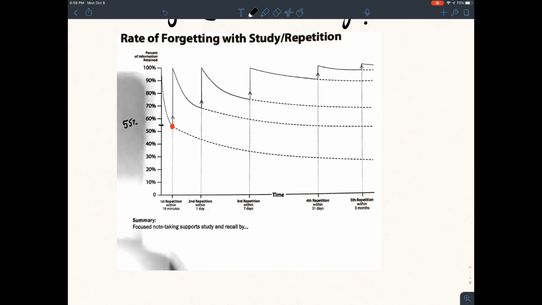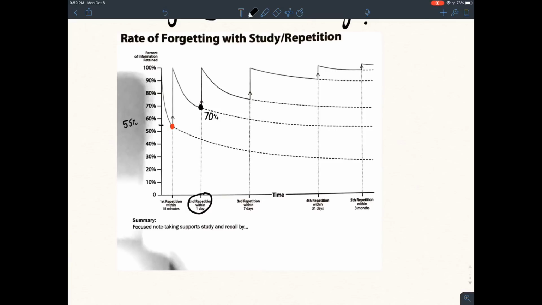Now, let's say you think, well, 55%, that's not so much. How can I improve? Well, within one day, if you get a second repetition of that information, such as by reflecting on your notes or by studying or doing homework or whatever that method is, you bring your knowledge up to about 70% remembrance of that topic. That's getting better, but you still don't really know that topic so well.